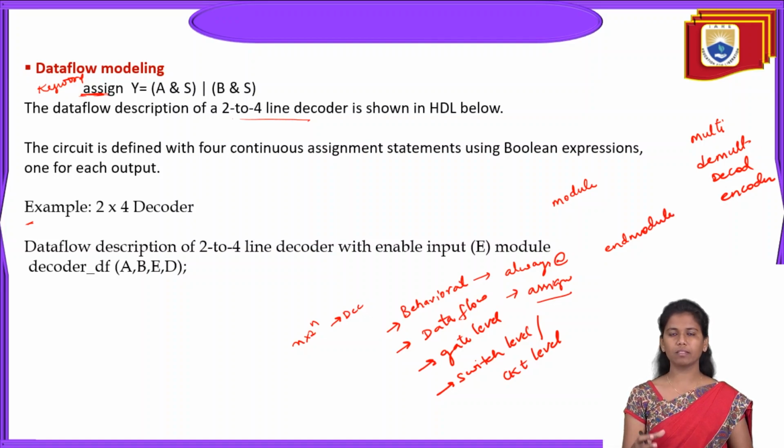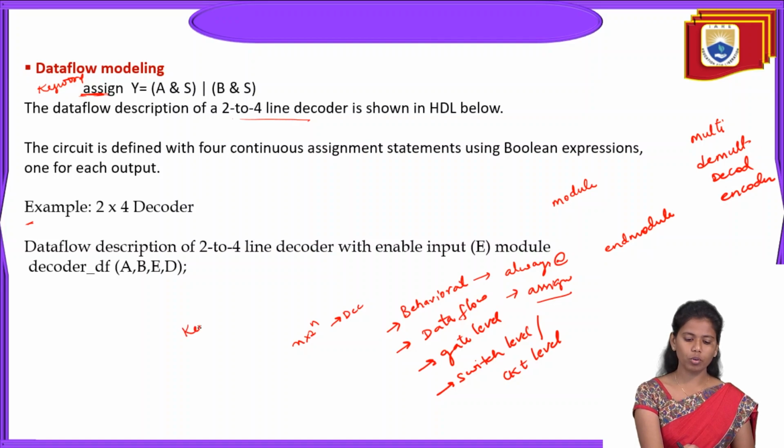These are the basic things you have to follow and remember when writing code. As we know, we have 7 lexical tokens in Verilog, and we have discussed each of them in detail. This module and endmodule come under the lexical token keywords.